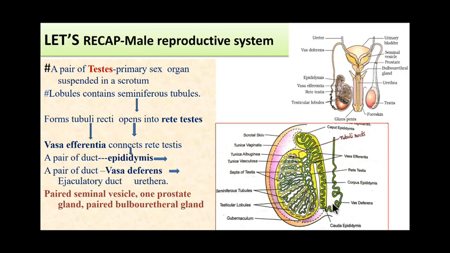Now these seminiferous tubules join to form short and straight tubuli recti, which form a network of tubular structure called rete testis, which again joins to form vasa efferentia, which pierces the tunica albuginea and then enters the head of the epididymis.